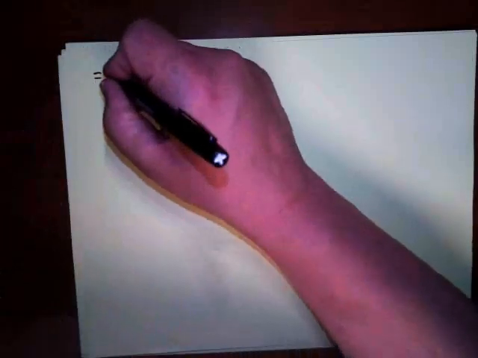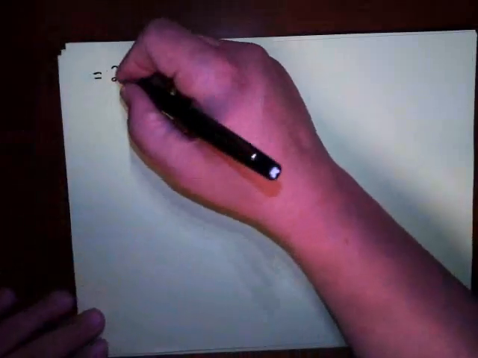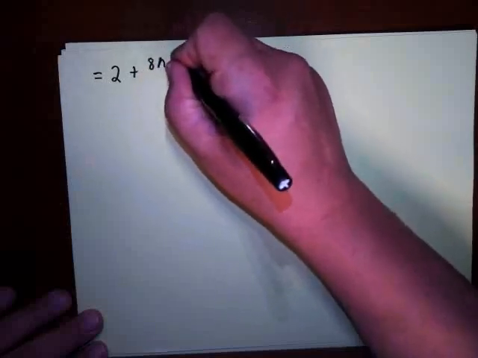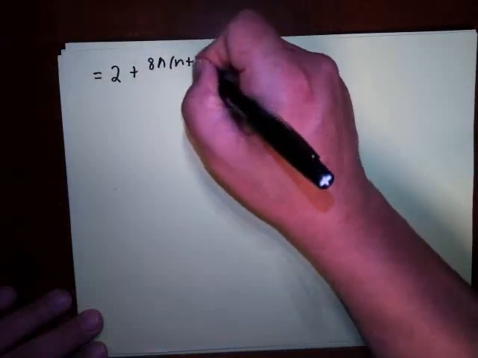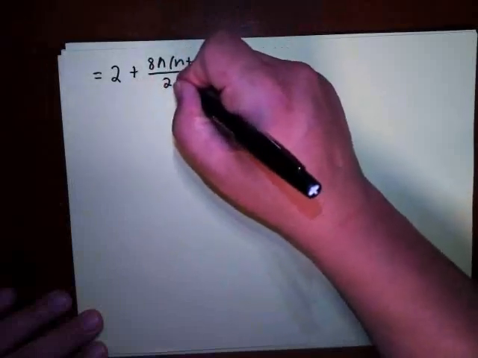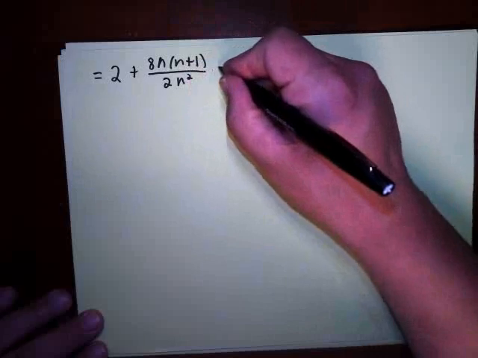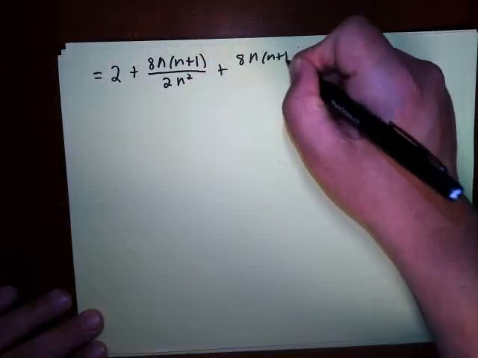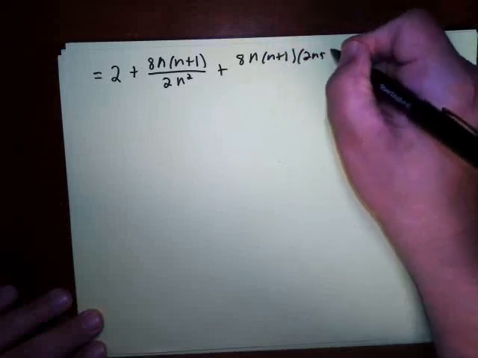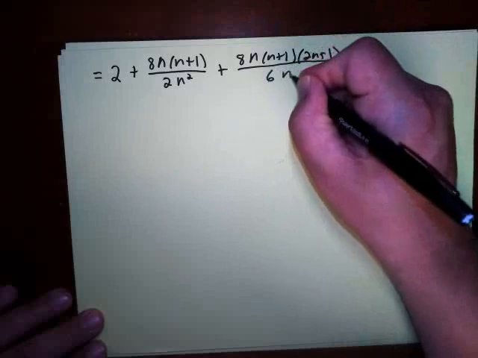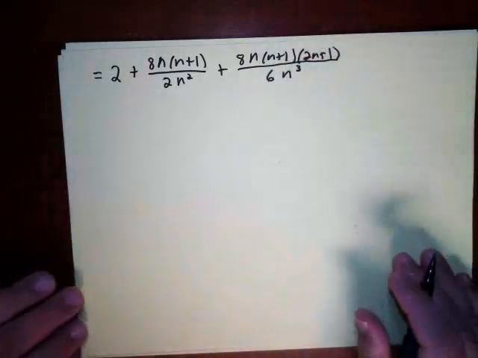So in other words, I'll do a little simplifying on this expression, and what I get is 2 plus 8n plus 1 over 2n squared plus 8 times n plus 1 times 2n plus 1 over 6n cubed.